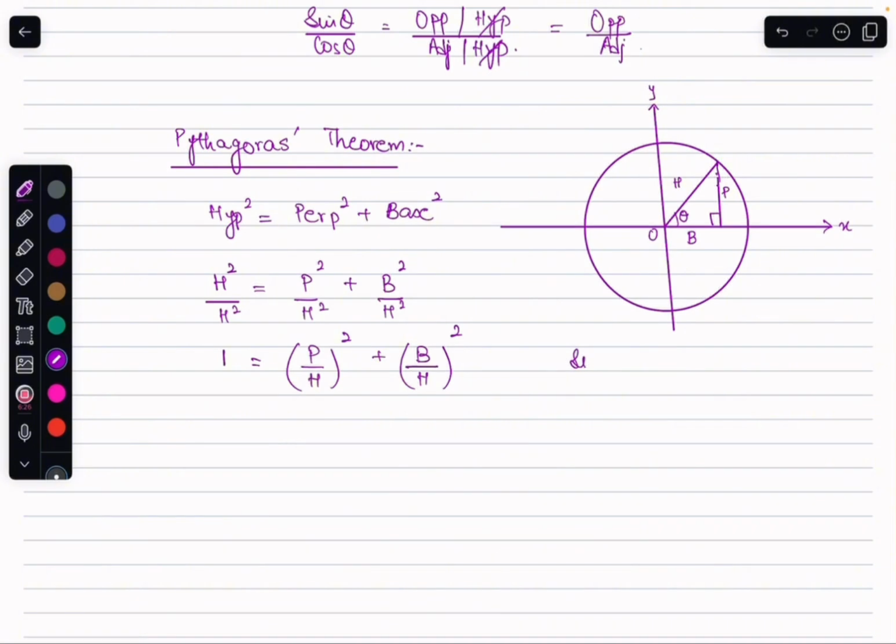We know sine theta is the ratio of opposite or perpendicular over hypotenuse, and cos theta is the ratio of base over hypotenuse, or adjacent over hypotenuse.